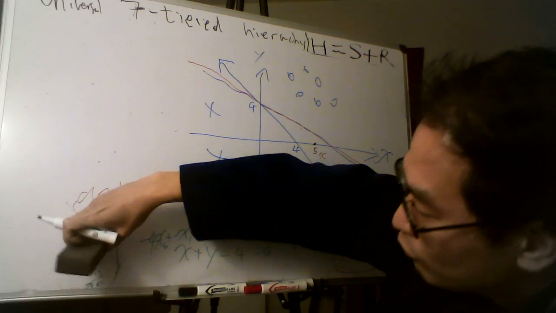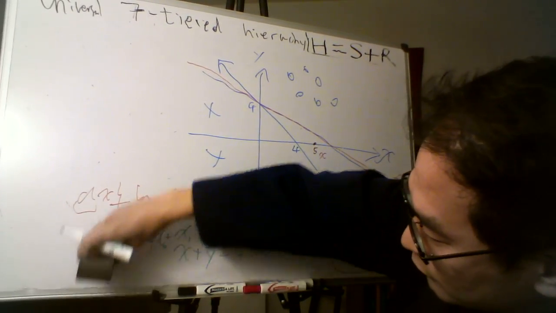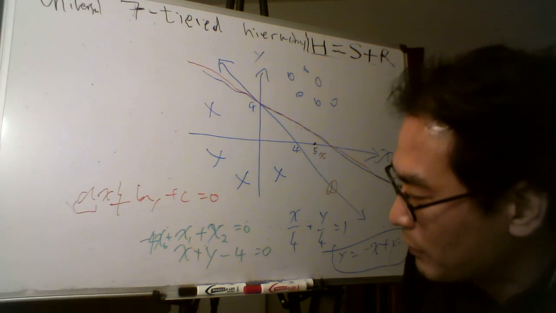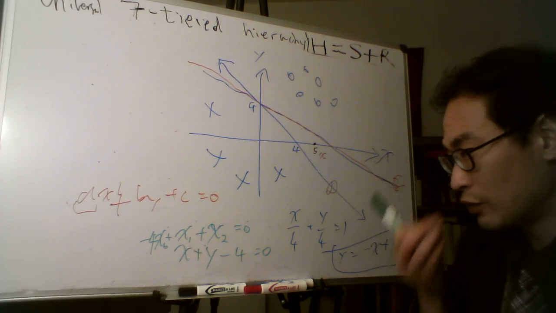You have to write this in a vector form, the dot product, because we are dealing with n-dimensional space. So minus 4x0, and x0 is equal to 1.